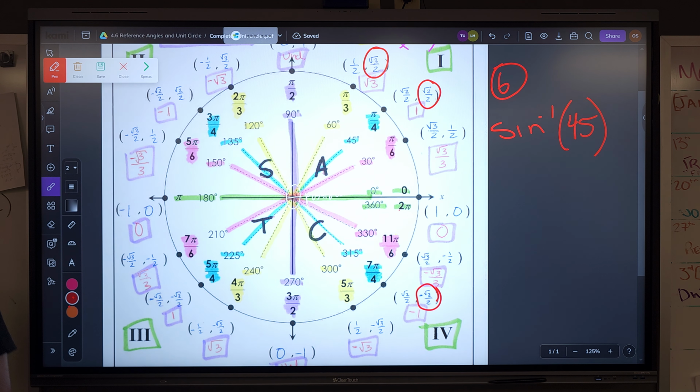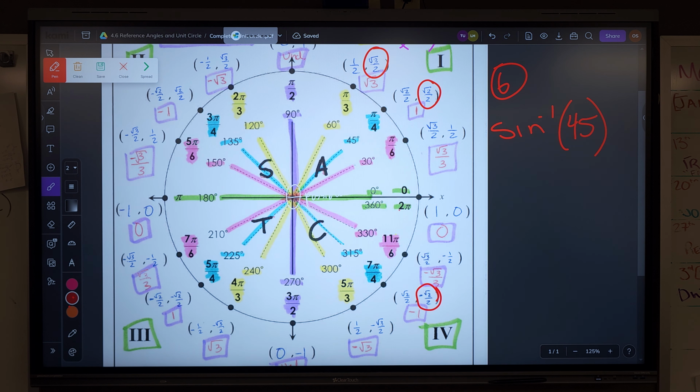Just do square root of 3 divided by 2, square root of 2 divided by 2, and tell me if any of those numbers are bigger than 1. No, right?